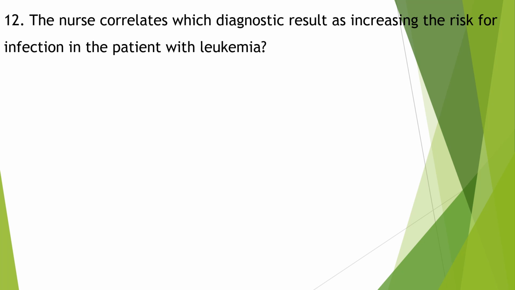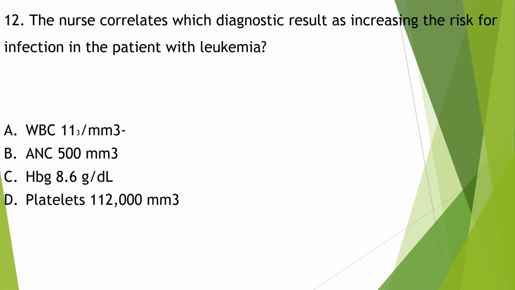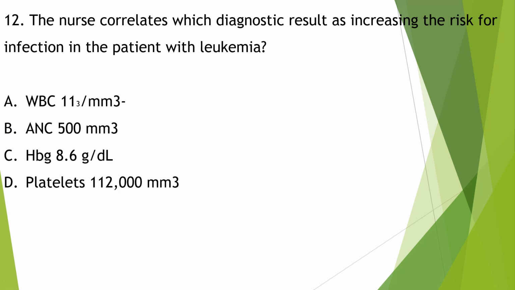The nurse correlates which diagnostic result as increasing the risk for infection in a patient with leukemia? WBC 11,000 per millimeter cube, absolute neutrophil count 500 per millimeter cube, hemoglobin 8.6 gram per deciliter, platelets 112,000 per millimeter cube. So here, if you look at all the blood values, you can see a little bit of abnormality.